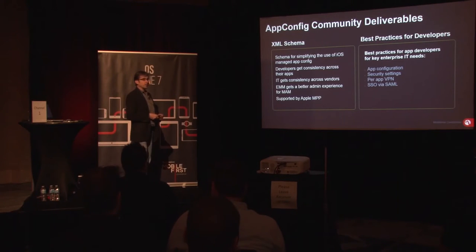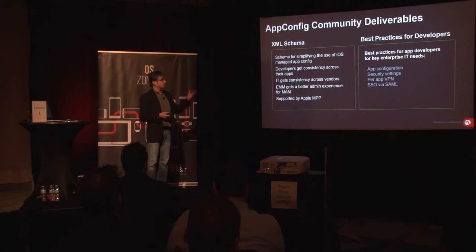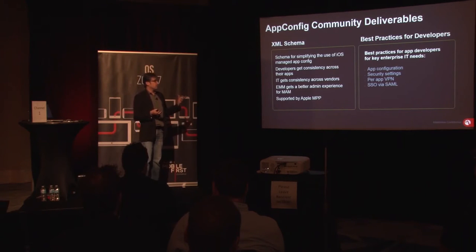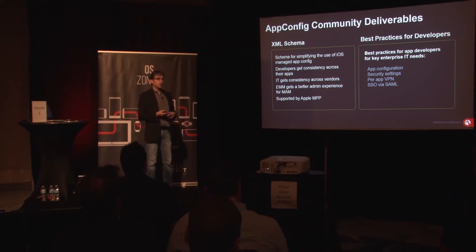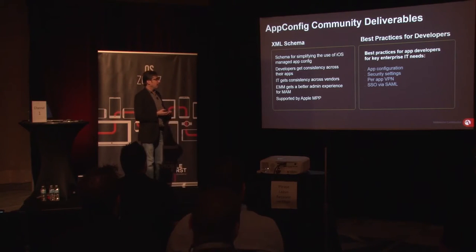The challenge with it is there's no structure to it, it's just key value pairs. So what the AppConfig community agreed to is to build an XML schema which defines data types, and it makes the use of Managed App Config much simpler. And I'll show you some examples of how that works. But the idea is that as a developer, you get consistency across your apps and how you send configurations to them.